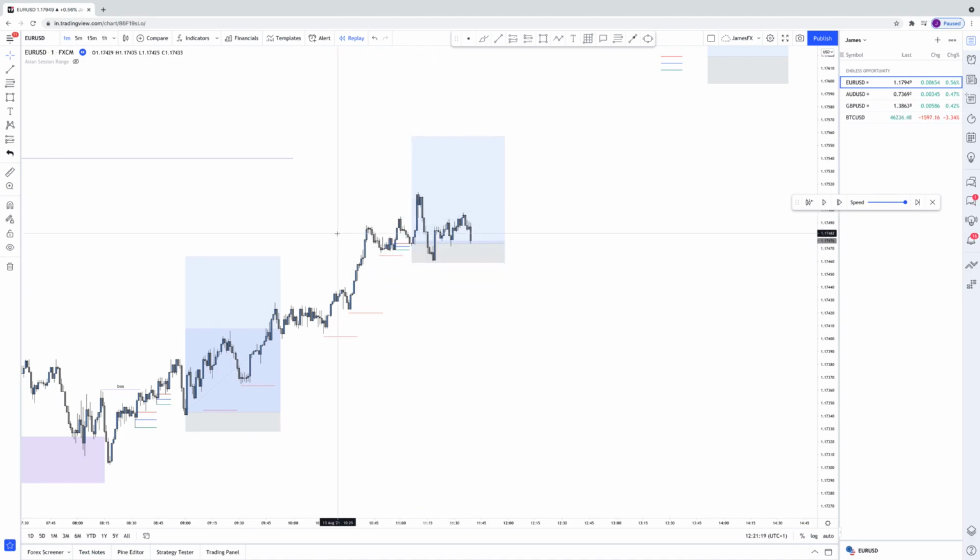We broke structure, so a lot of people would be looking at that as, could we be selling this now, or is that a valid supply zone?